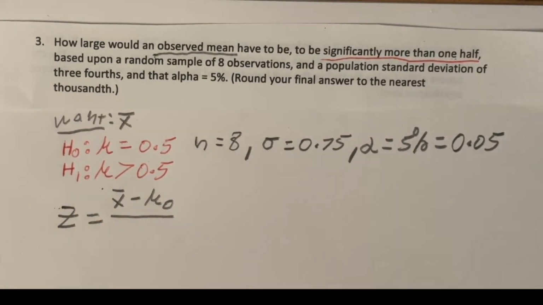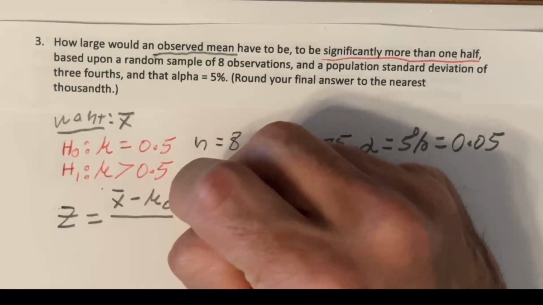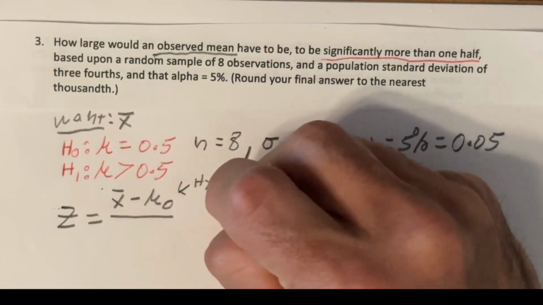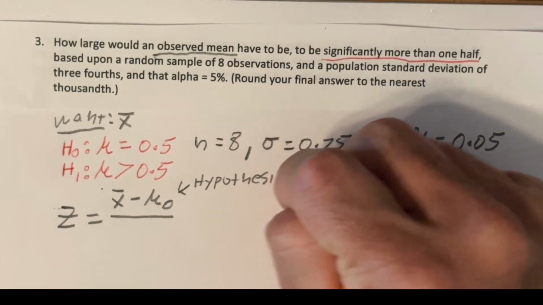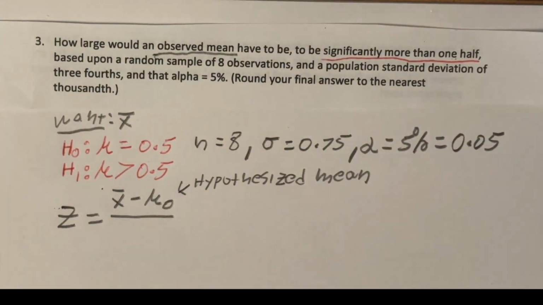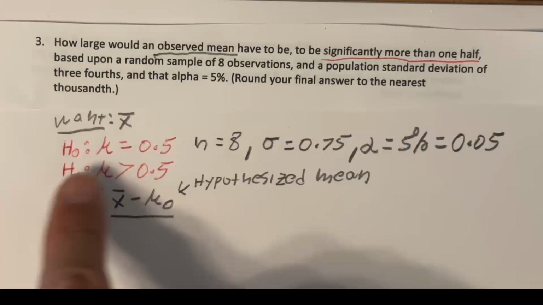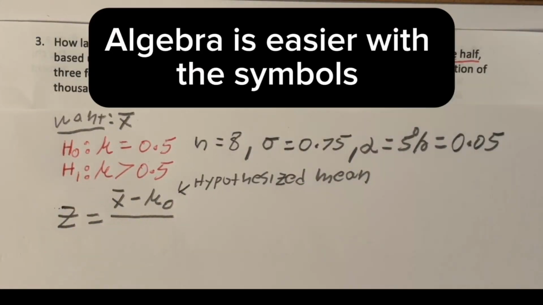So we call this the hypothesized mean. And the reason we call this the hypothesized mean is that it is hypothesized, but under the null hypothesis.